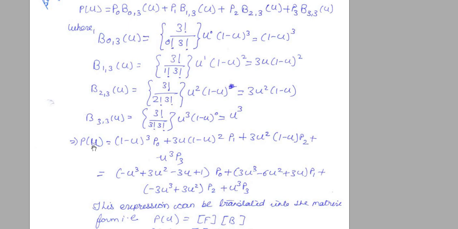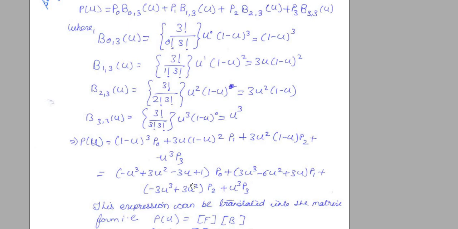So we get P of u is equal to (1 minus u)^3 p0 plus 3u (1 minus u)^2 p1 plus 3u^2 (1 minus u) p2 plus u^3 p3.